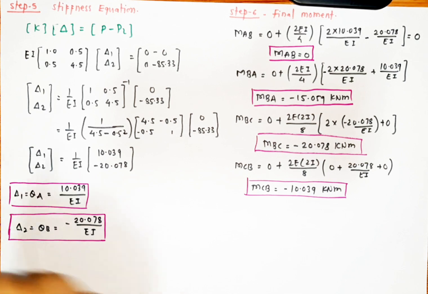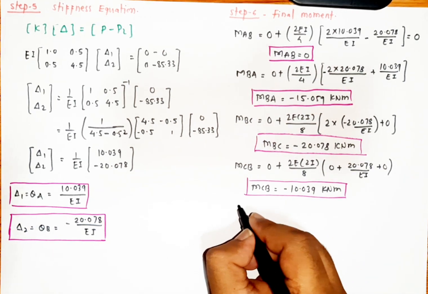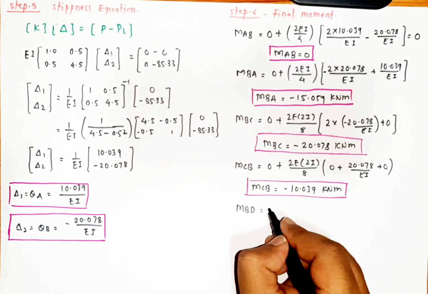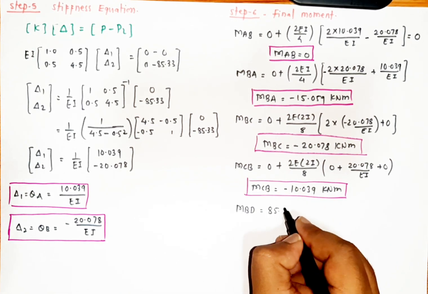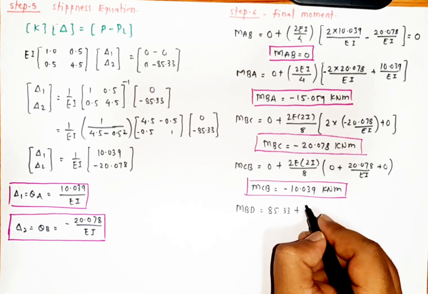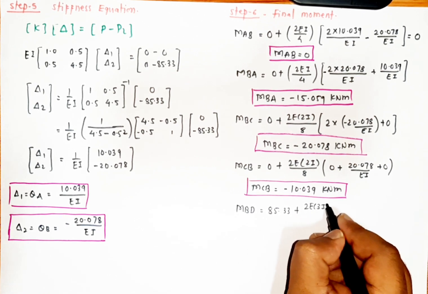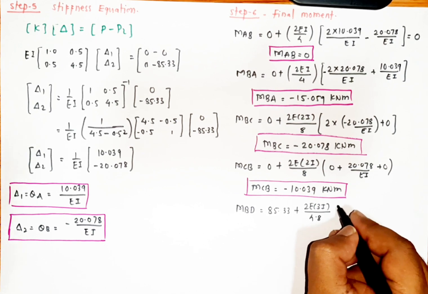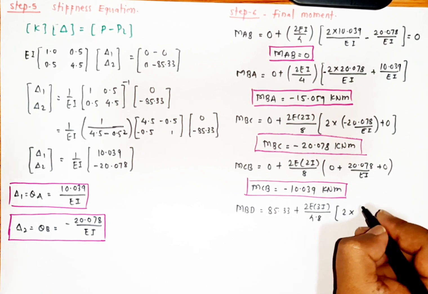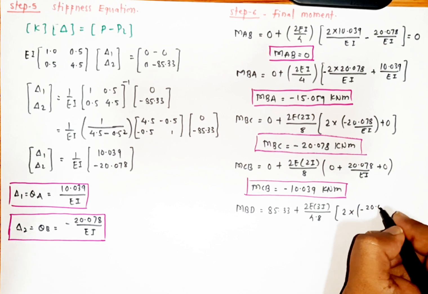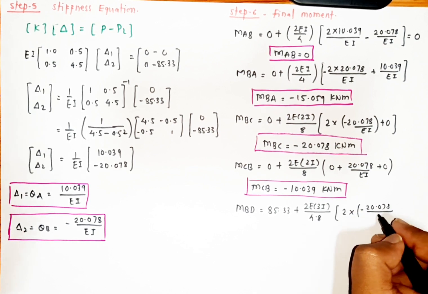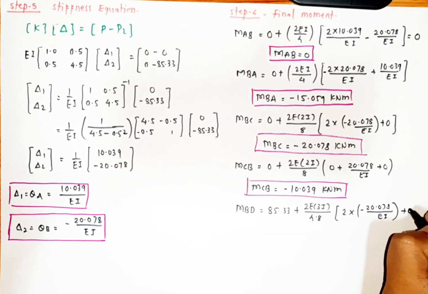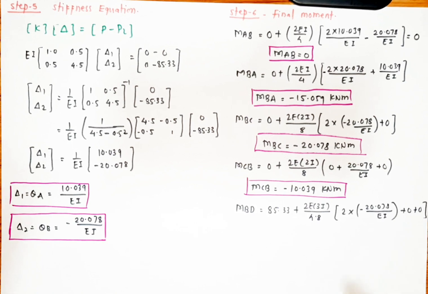Next is MBD. Here also for MBD, yes, there is a fixed moment, that is 85.33 plus twice E into thrice I, L is 4.8 meter, into twice of minus 20.078, that is theta B, divided by EI, plus theta D, no value for theta D, and no value for delta.